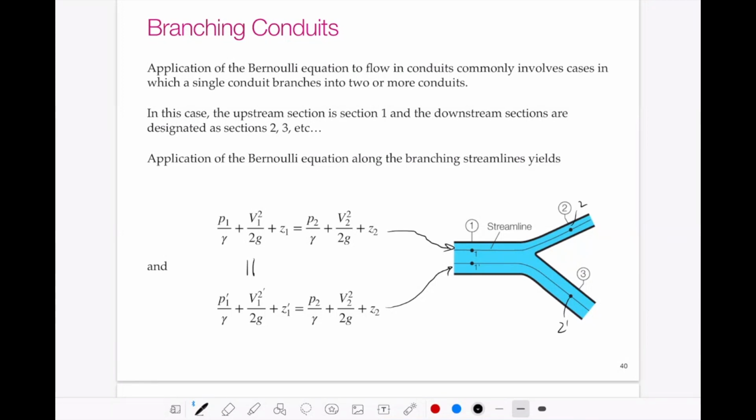So P1 over gamma plus V1 squared over 2g plus Z1 is equal to P1 prime over gamma plus V1 prime squared over 2g plus Z1 prime. So these two are essentially the same for steady, excuse me, incompressible and uniform flow.